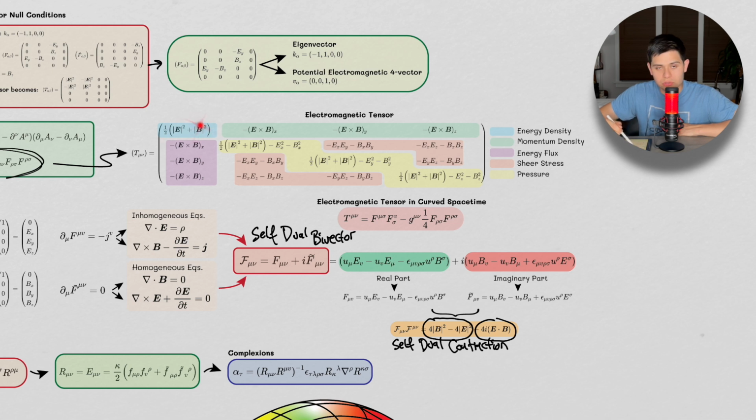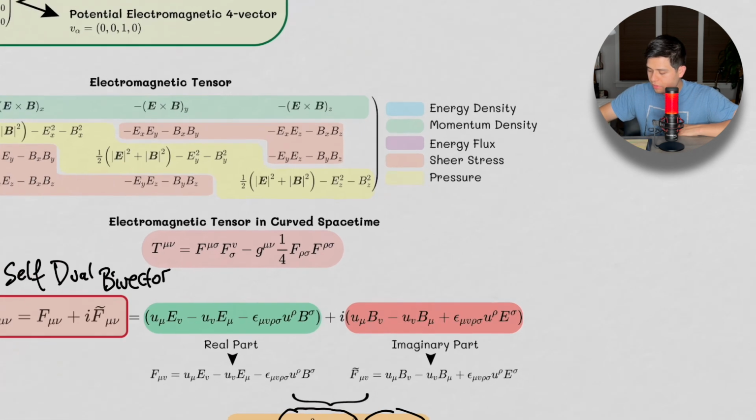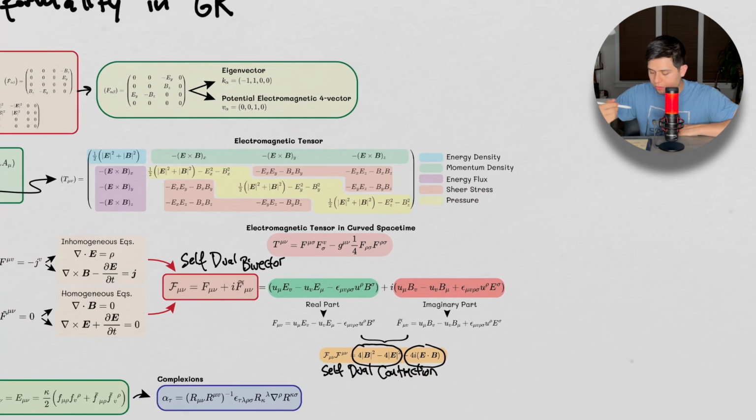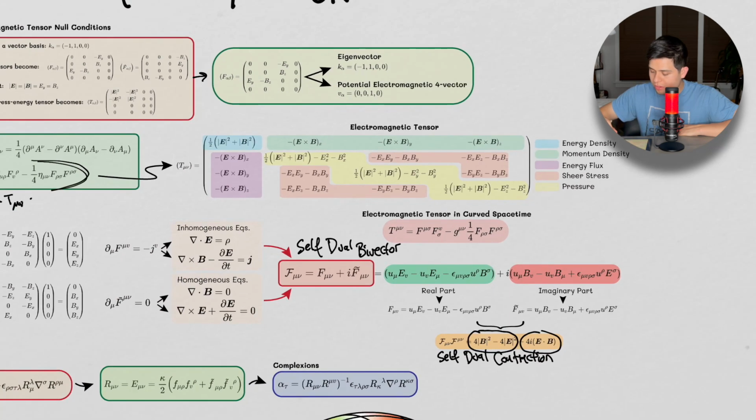This is the temporal component, and then we have all these mixed components, and the yellow here are the non-mixed components. We have our legend here: energy density, momentum density, energy flux, shear stress, and pressure, just like in our typical stress energy momentum tensor.